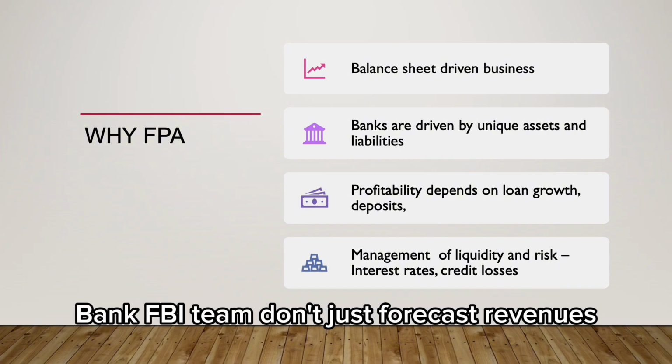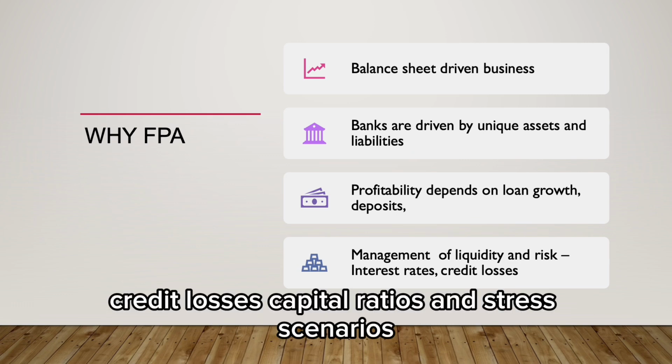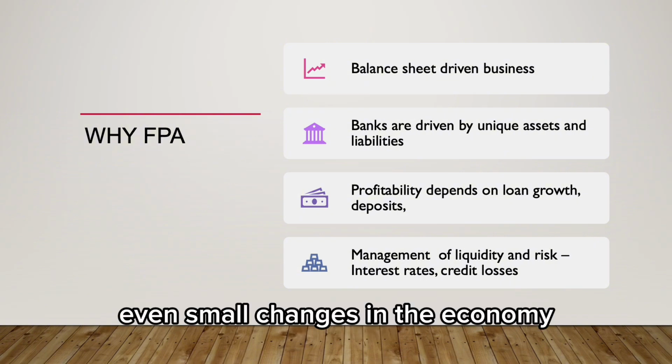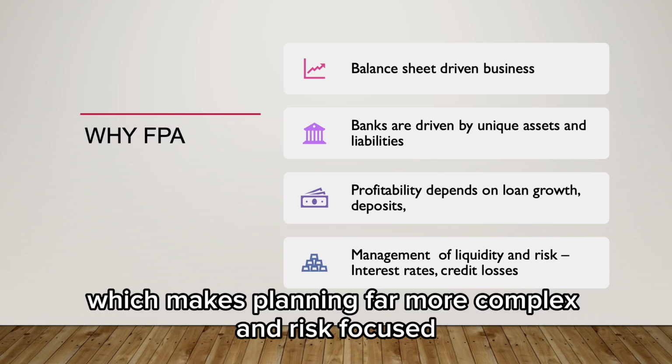Bank FP&A teams don't just forecast revenues, they model interest rates, credit losses, capital ratios, and stress scenarios. Even small changes in the economy or interest rates can reshape the results, which makes planning far more complex and risk focused.